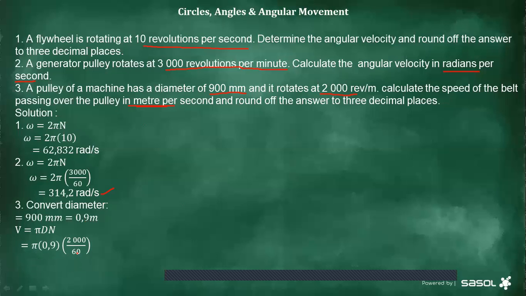I also explain why 60: in this case it says 2,000 revolutions per minute. So 1 minute we change to seconds, so it's going to be 60. Hence we divide with 60. From there you press your calculator, then the answer is 94,248 meters per second. So that is the circumferential velocity.